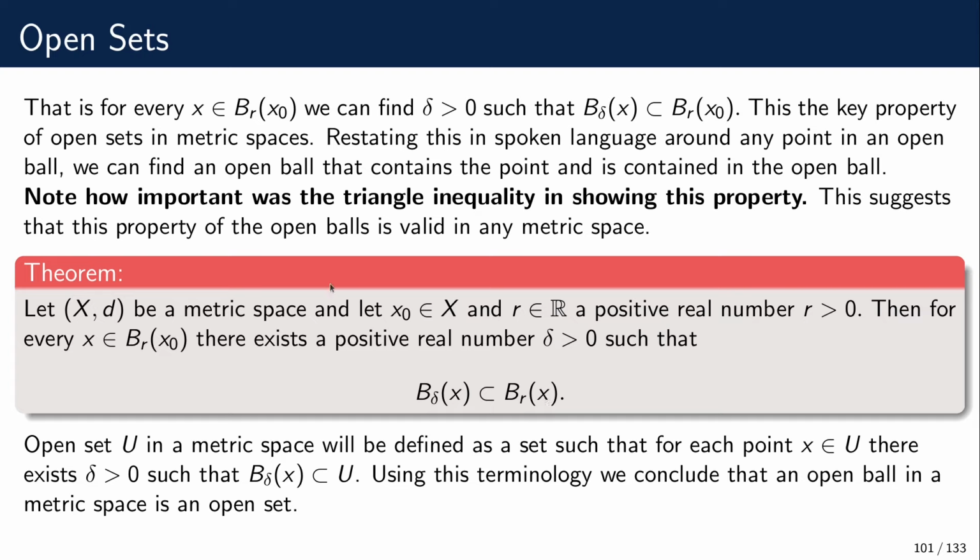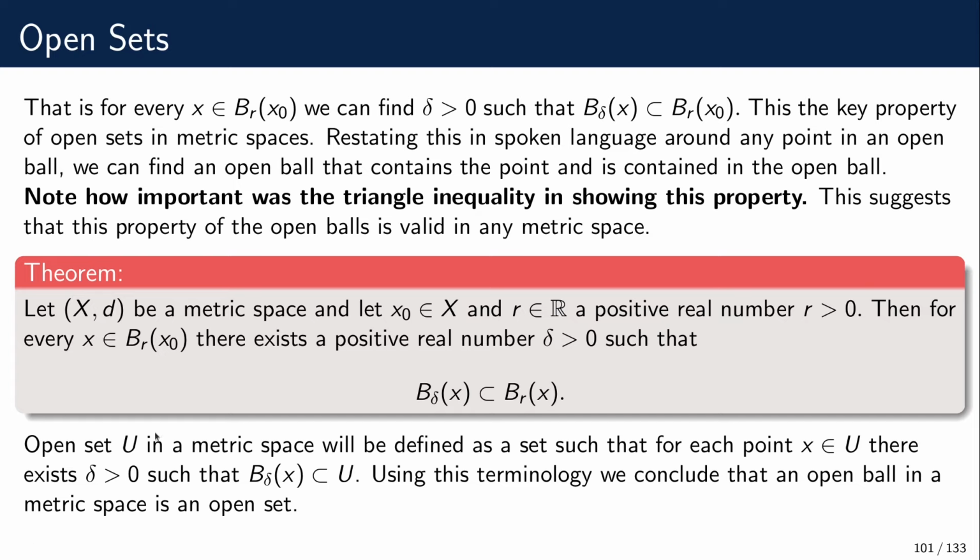Sorry, another typo here. Now, if we want to generalize this desired property of open balls, we will say that a set is open if around each point in the set we can find an open ball which is entirely contained in the set.